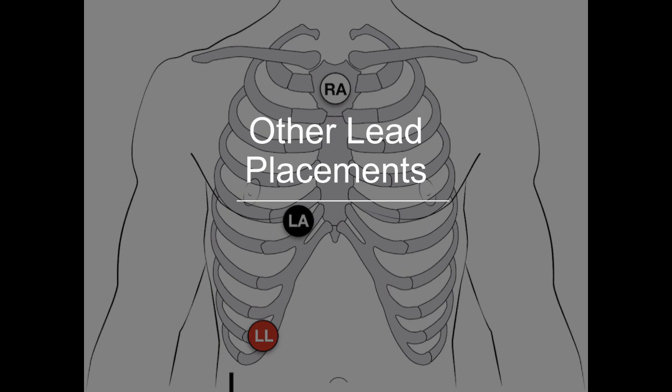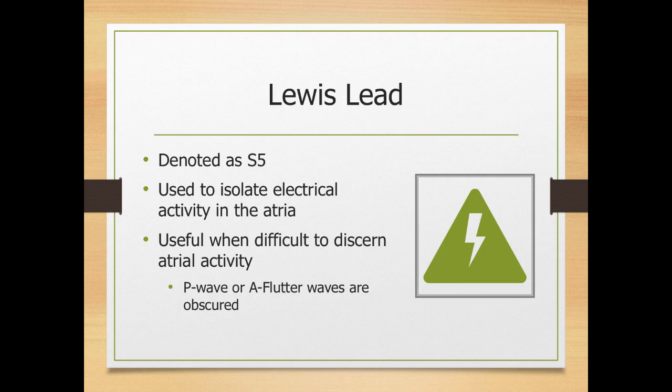the heart. The first other lead placement we'll talk about is the Lewis lead, and we'll be documenting this, instead of lead 1, lead 2, lead 3, V5, V2, whatever, as S5, because S obviously stands for Lewis, right?